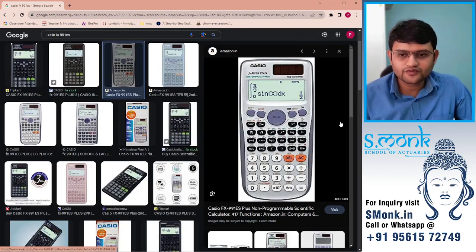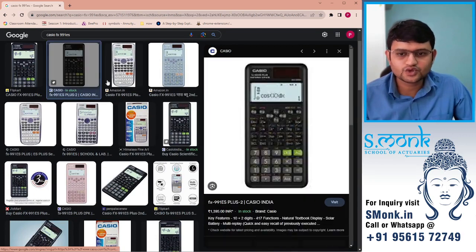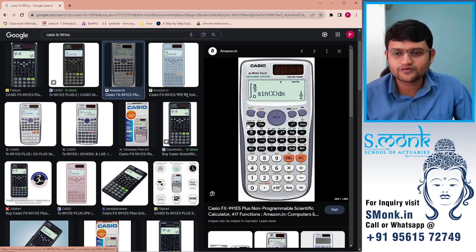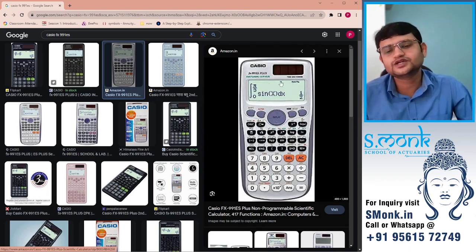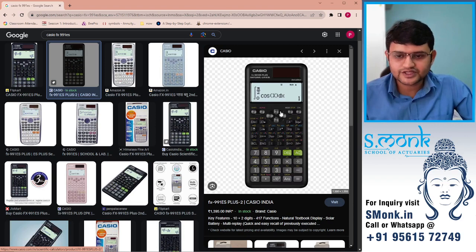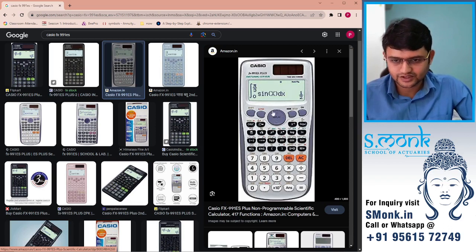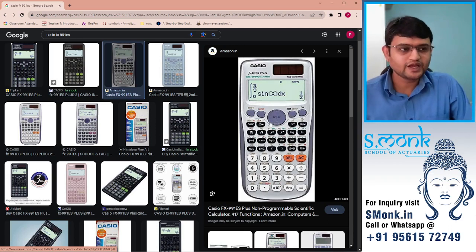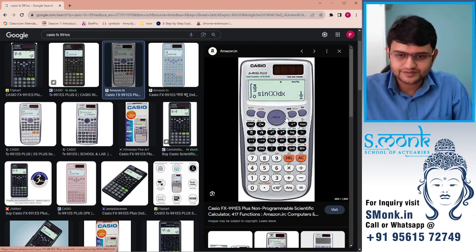See, this is the old version of the calculator and this is the new version. It does not matter which one you take, even if you have the old version, it will not be a problem. I think the only thing that they have changed is how it looks. I have not found anything that is different in the calculator, but you can see that we have 4 keys here. This is called the navigation keys. 4 keys here as well as 4 keys here. These are very important for us to make the equations.